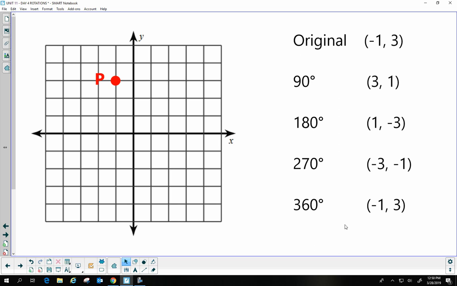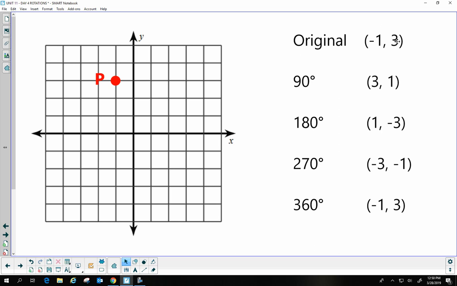And there is a pattern that exists here. When I rotate 90 degrees from my original, I switch the order of my x and y. So I put the 3 in front and the -1 at the back, and then I negate the second value. When I go from my original to 180 degrees, I just change the sign of both numbers. So -1, 3 turned into 1, -3.